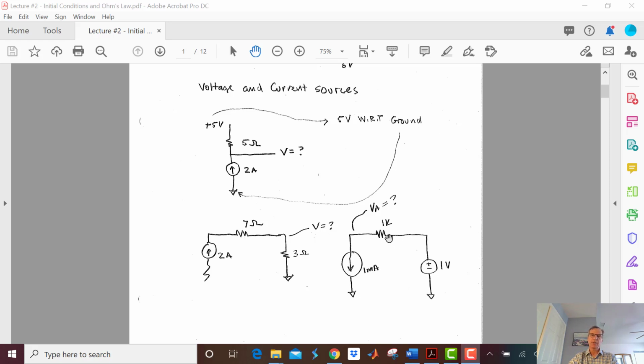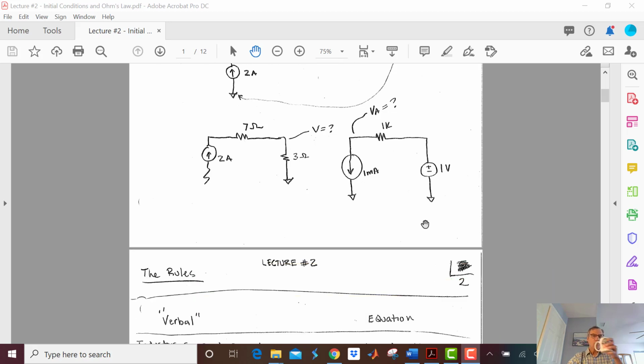So 1 milliamp times 1K means I'm going to have a voltage from plus to minus of 1 volt. Plus to minus. So let's see, start at ground, go up a volt, go down a volt, and VA is equal to 0 volts.